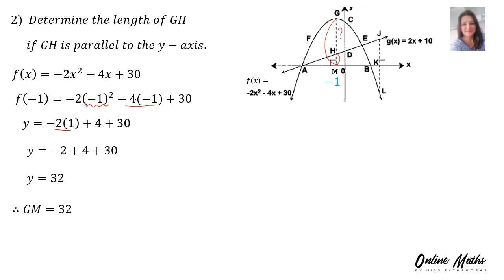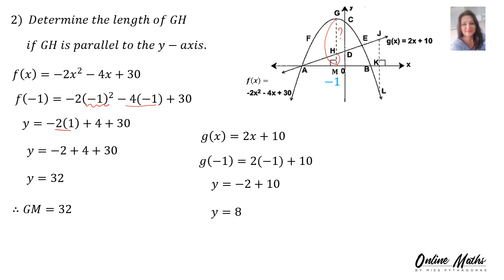Then we will find the length of HM, and we will do that by substituting in x's place -1. Therefore, g(-1) = 2(-1) + 10. 2 times -1 is -2, plus 10. y = 8.